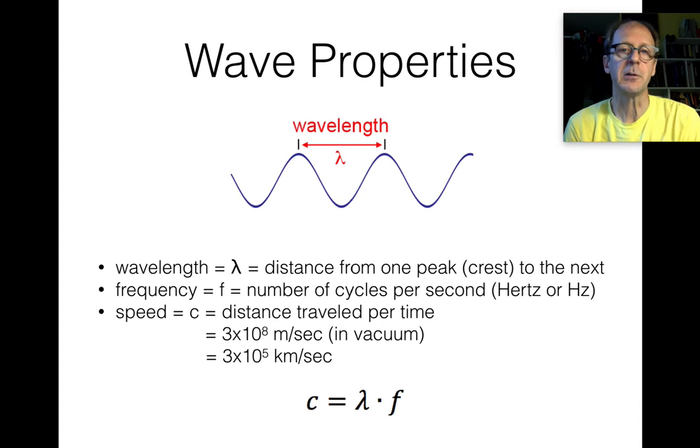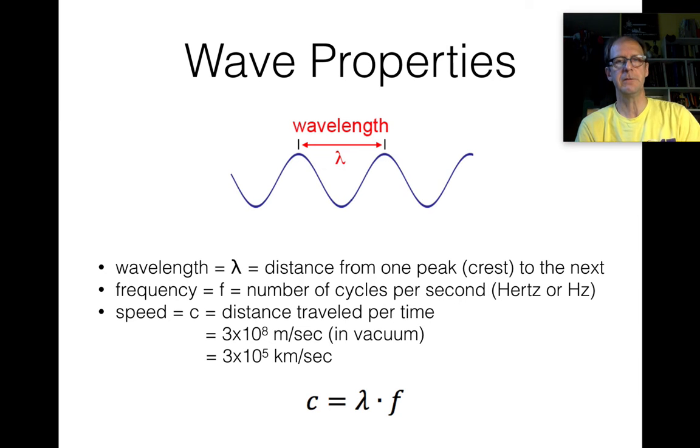So waves have certain properties. So you may have heard of these words: wavelength, frequency, and speed. Wavelength, normally we use the Greek letter lambda to stand for wavelength. It's the distance of one peak or crest of the wave to the next.